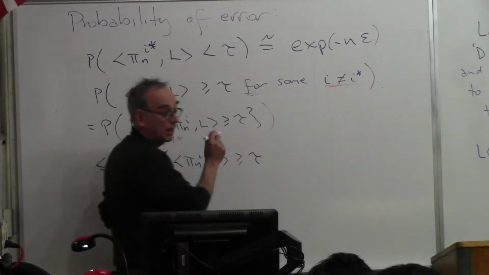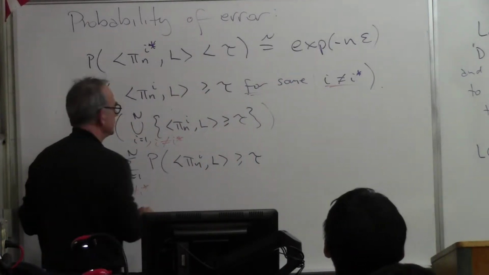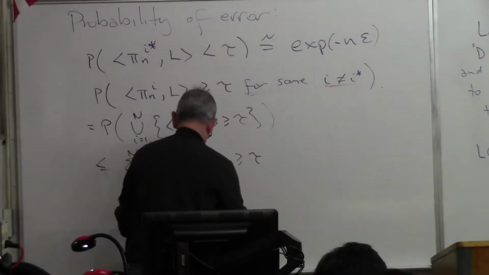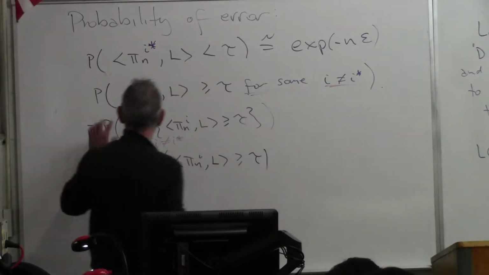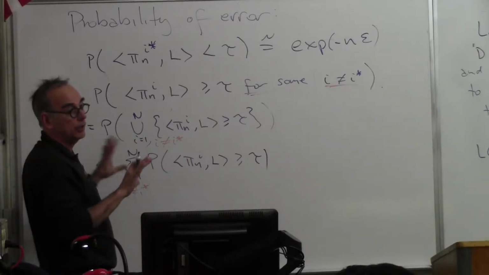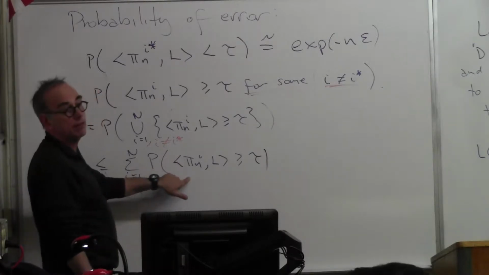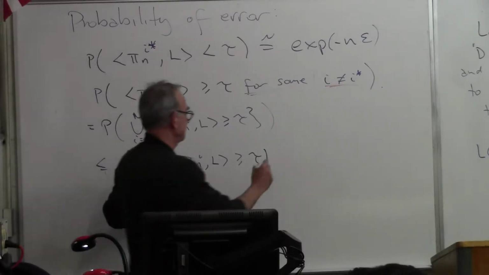I forgot to say I not equal to I star. All right, so the probability of a union is always less than or equal to the sum of the probabilities. It's an equality if they're disjoint events, which they're not. But all of these guys have the same approximation.